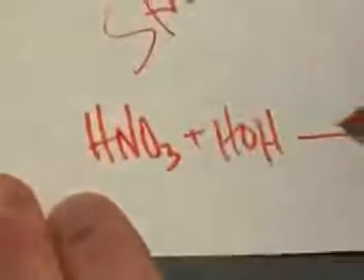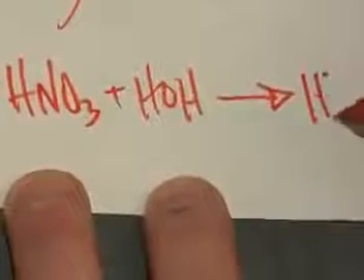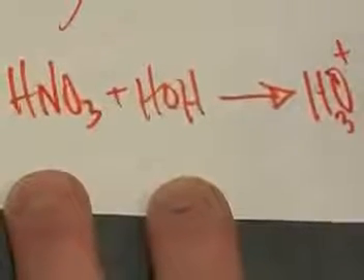Because if HNO3 reacted with water or dissociated in water, it would have one giant arrow going to the right, and it would form H3O plus and NO3 minus, which is a good thing, but there would be none of this left, and we would only have the conjugate base in the solution, no HNO3 acid, the actual acid in the solution.